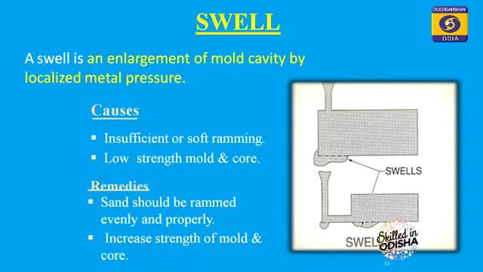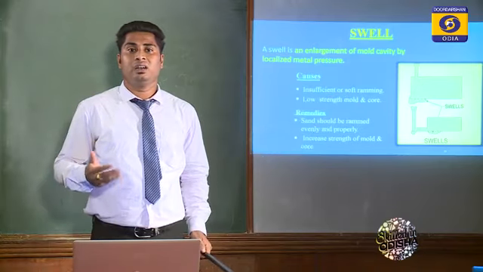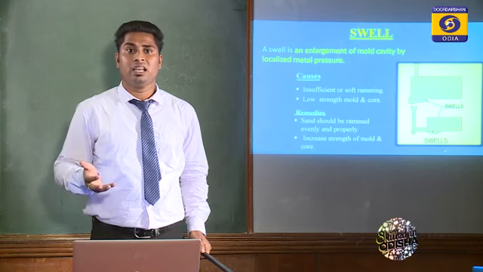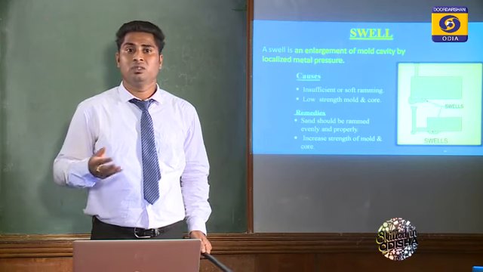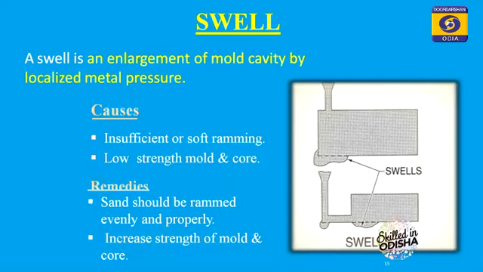Low strength mold and core. If the strength of the mold and core is very low, then also there is a chance of swell defect. So what are the remedies of swell? Sand should be rammed evenly and properly.